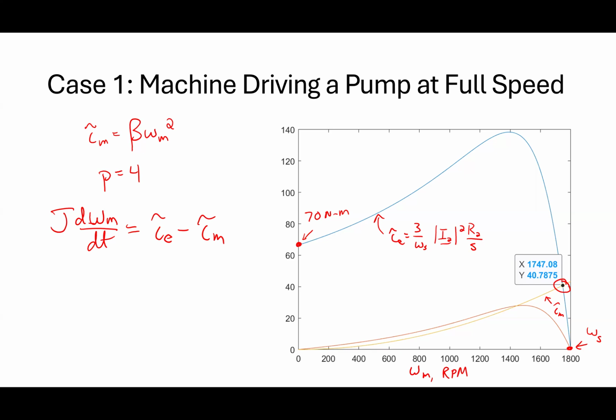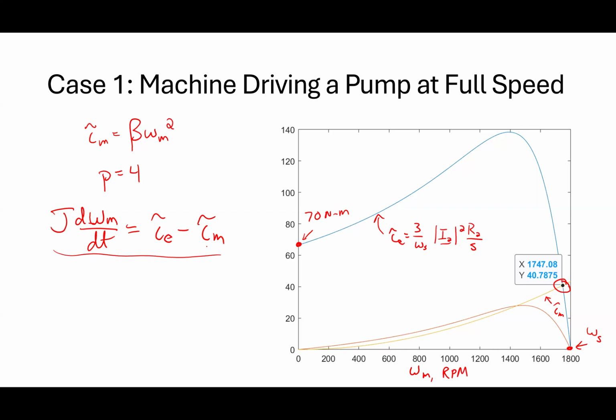Okay, so looking at this picture, if I want the machine to accelerate, what has to be true about torque electrical minus torque mechanical? What's accelerate mean? Speed up, right? So at time t equal to 0, if I'm stopped and I want to speed up and start moving, what's got to be true about torque electrical and torque mechanical? Electrical has to be higher, right? This will work.